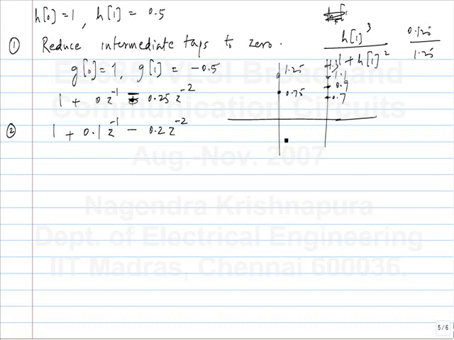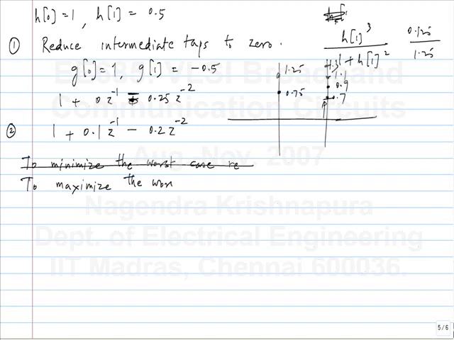Actually what he said was right. If you want the largest amplitude for the worst case, then you should minimize the absolute sum of the taps in the response. So I shouldn't say minimize, I will say maximize the worst case received voltage.